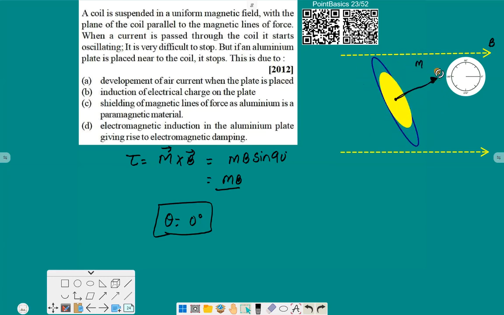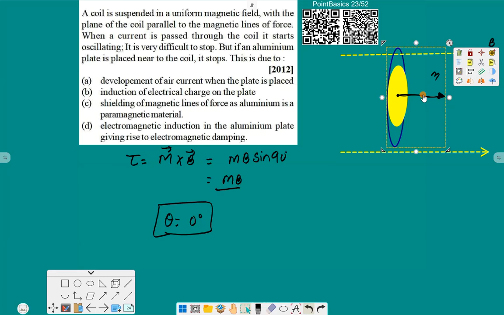There is a change in magnetic field associated with the aluminium foil, and aluminium foil is a conductor, so there will be an EMF induced in the aluminium foil, and that EMF will be induced such that it opposes this oscillatory motion. And this oscillatory motion slowly dampens out, and after some time it becomes stable.